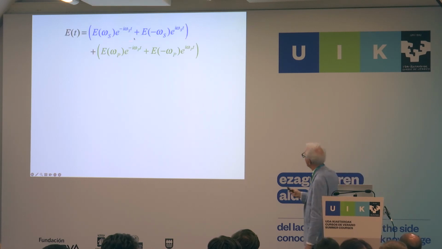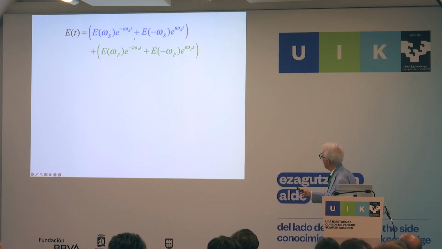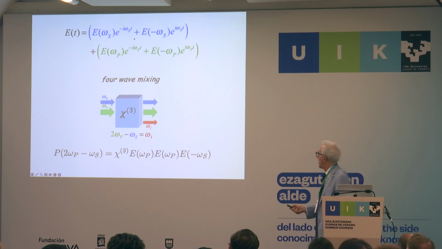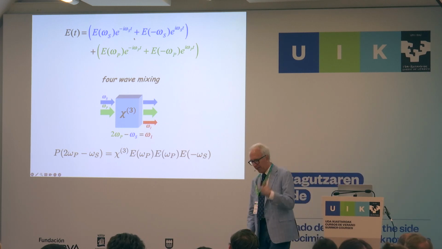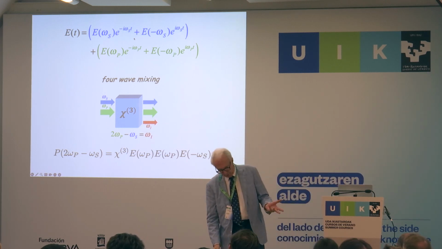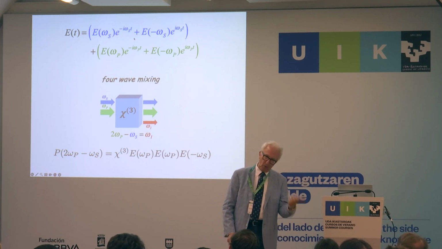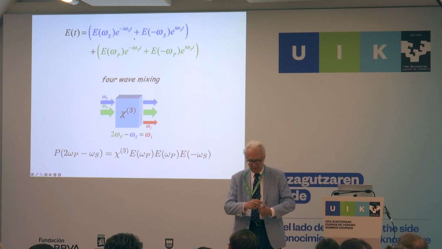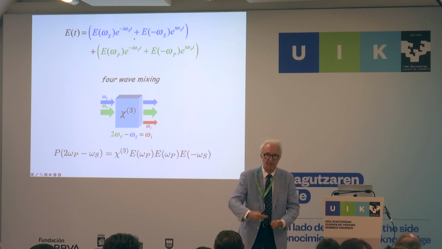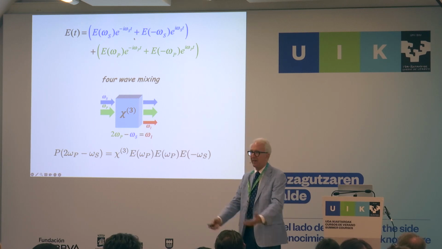Again, let's suppose I take 2 frequencies, a pump and a signal, let me call them. Okay? And then, well, any Chi3 process is really a 4-wave mixing process because I mix 3 fields and I generate a polarization and another field that radiates at that. So there are 4 waves involved.